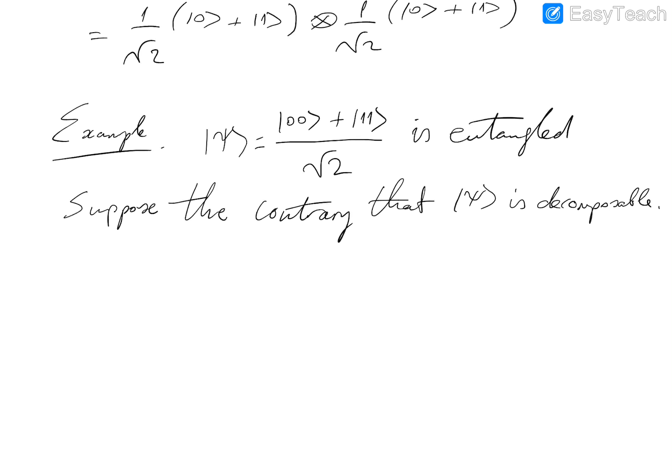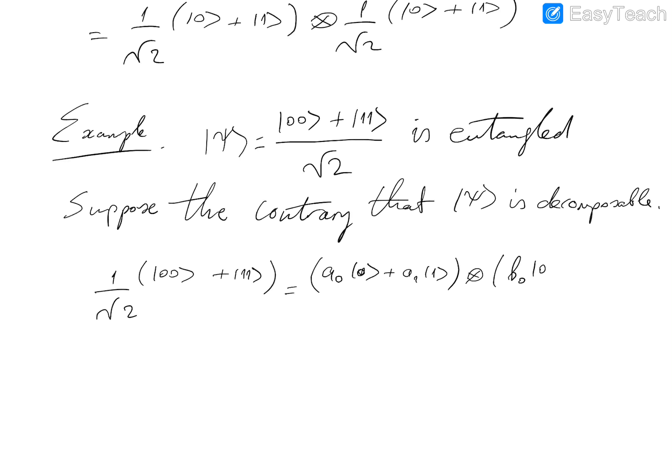So then this means (|00> + |11>)/√2 would be equal to, for some amplitudes, (A0|0> + A1|1>) tensor (B0|0> + B1|1>). If psi was decomposable, then it would be written in this form. So let's distribute this.